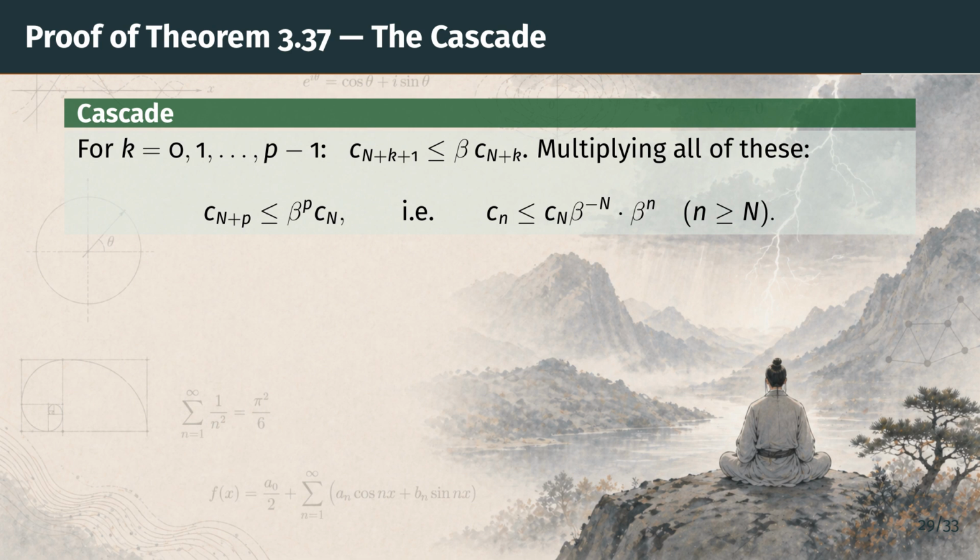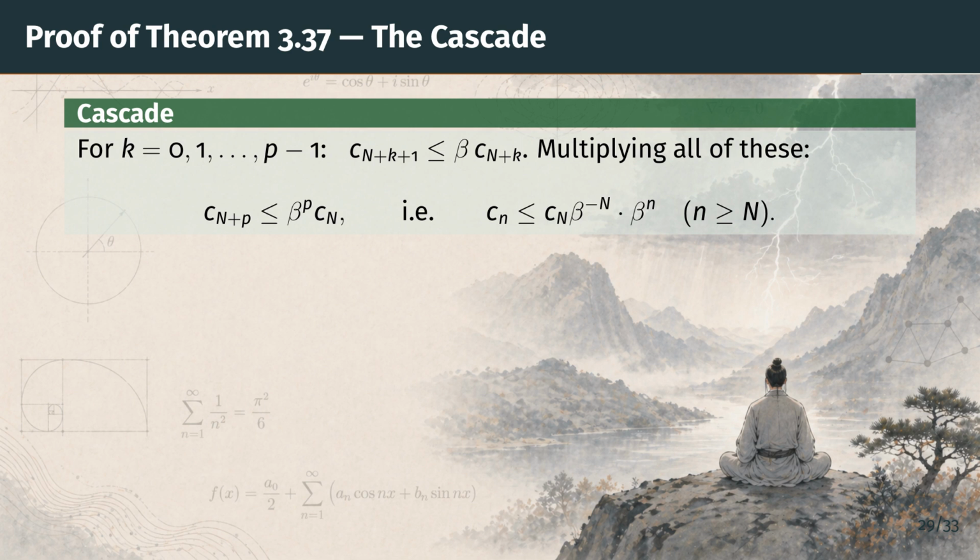Multiplying all of them together, the intermediate terms cancel in pairs, and we are left with the term at N plus p is at most beta to the p times the term at N. Setting n equal to N plus p, this says c sub n is at most the constant c sub N times beta to the minus N, multiplied by beta to the n, valid for every n at least N.